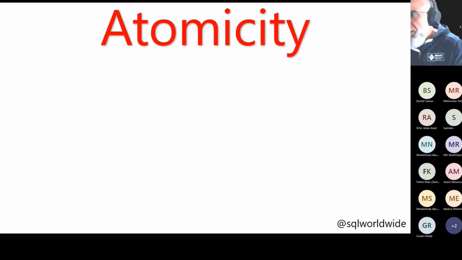The first one is atomicity. I'm not going to go into detail, because you could have a full talk just on these four principles. I'm just going to briefly touch on them to make our talk relevant, especially the last one, as I said. Atomicity means that each transaction is treated as a single unit. What do I mean by that?